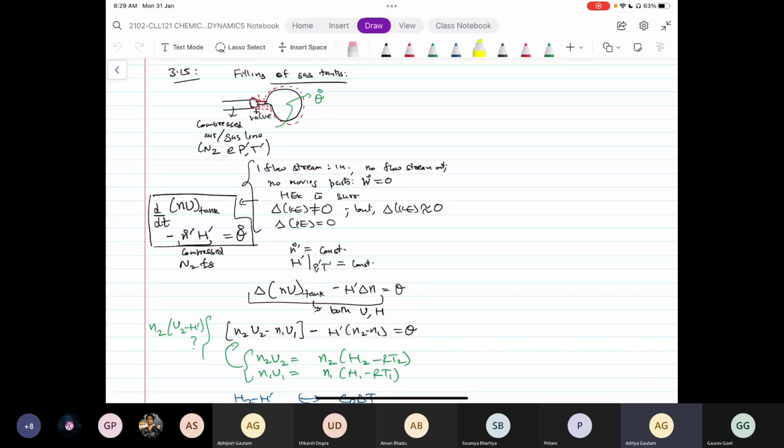In that, what is this H prime you have taken to be constant? Here I'm using the prime superscript to denote the compressed airline conditions. As it mentions here also, this corresponds to the compressed nitrogen flow stream.